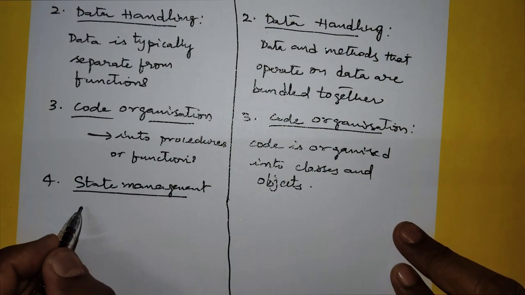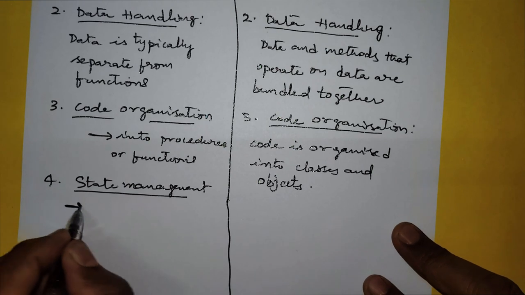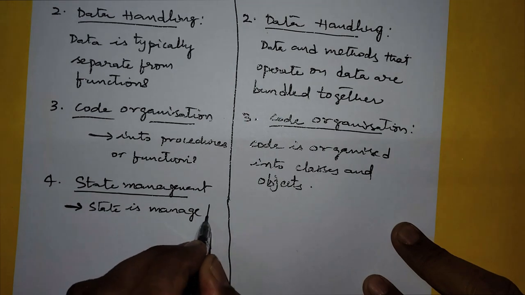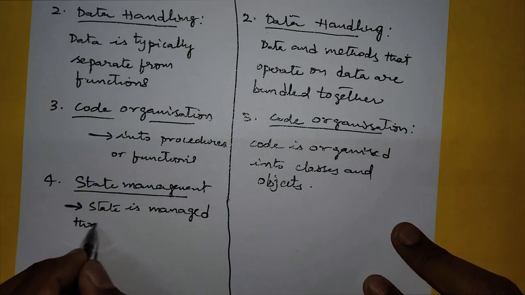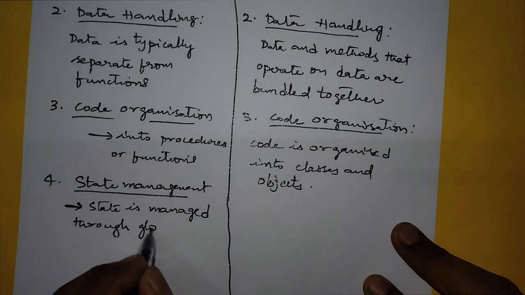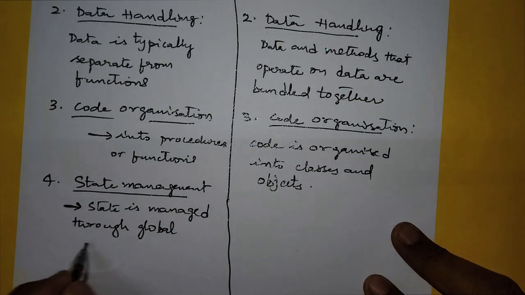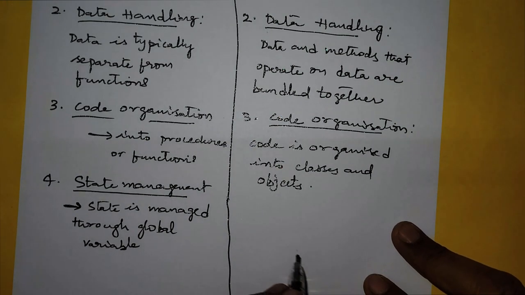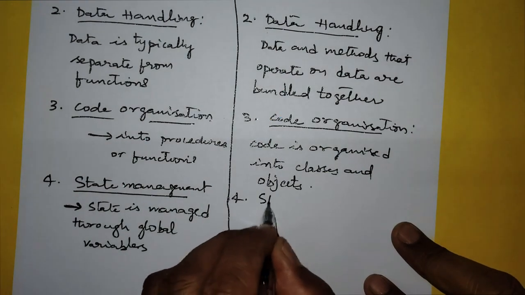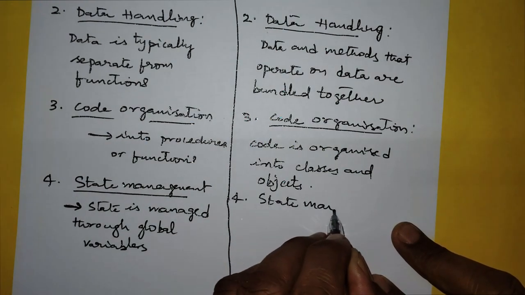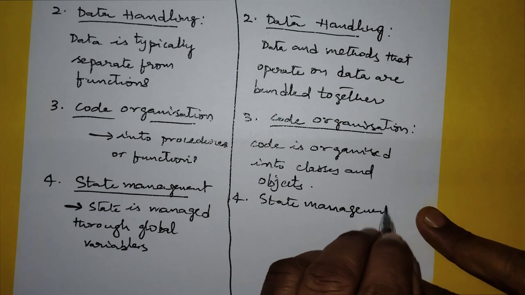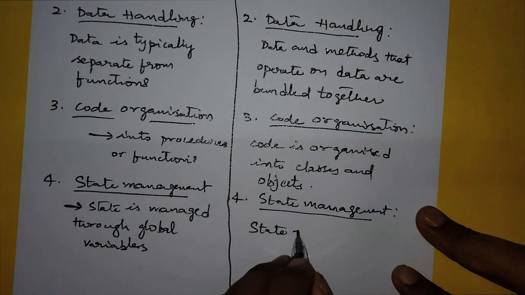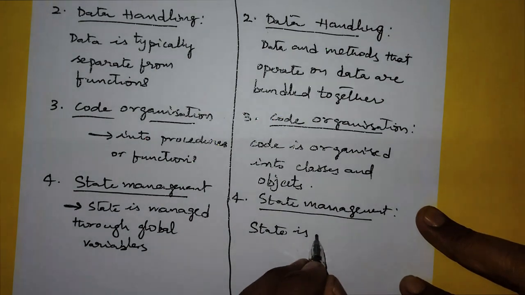In the case of procedural programming, state is managed through global variables. Now, in the case of object-oriented programming, state is managed within objects.